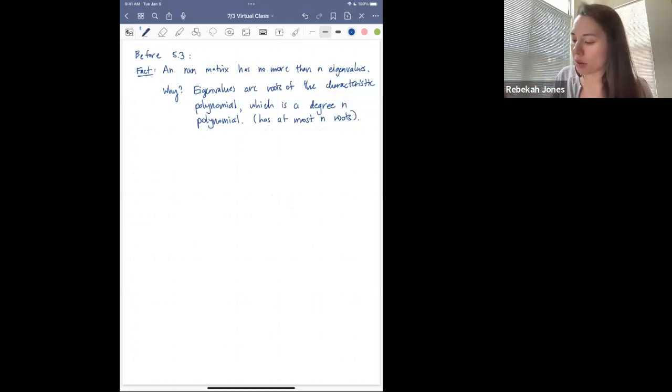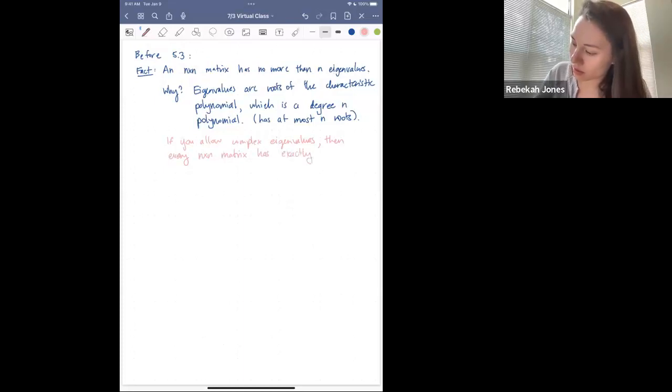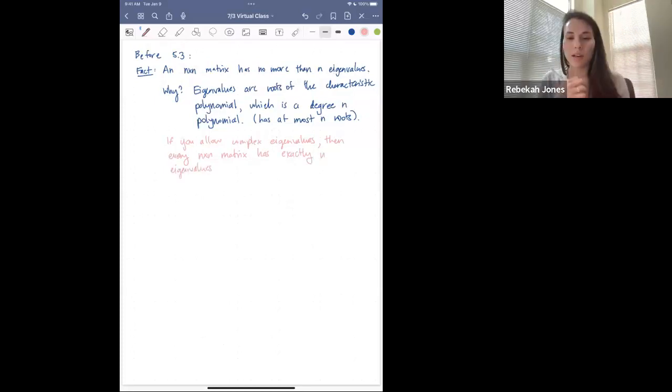And so this isn't something we'll really get into, but if you allow complex eigenvalues, then every n by n matrix has exactly n eigenvalues. But here, we would be counting multiplicity.